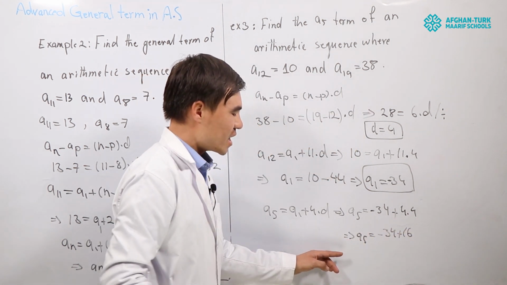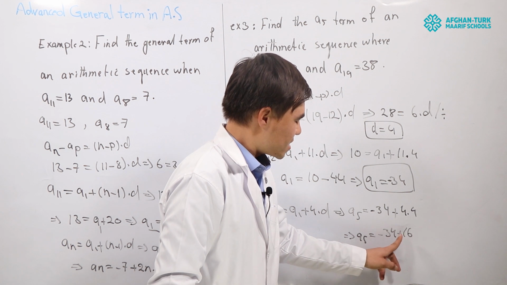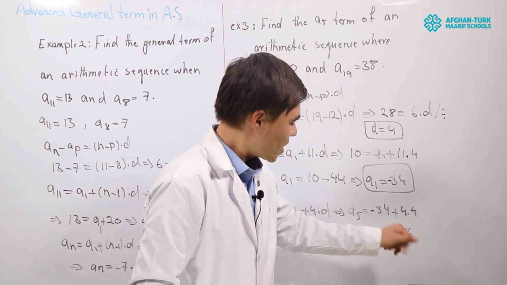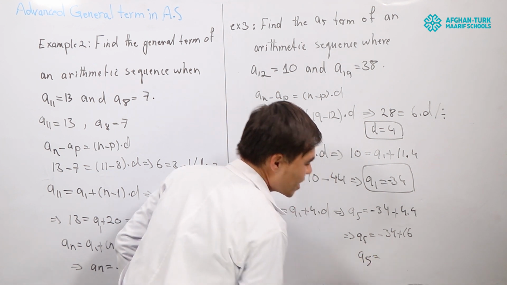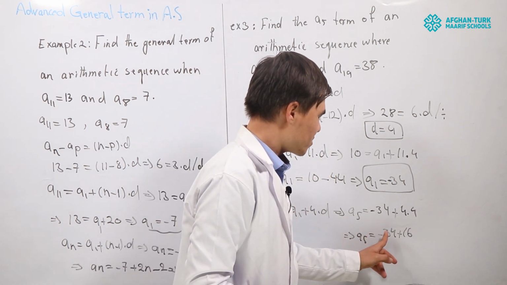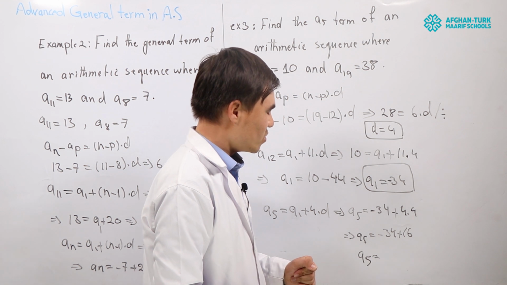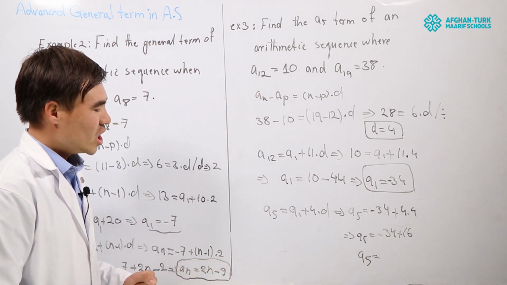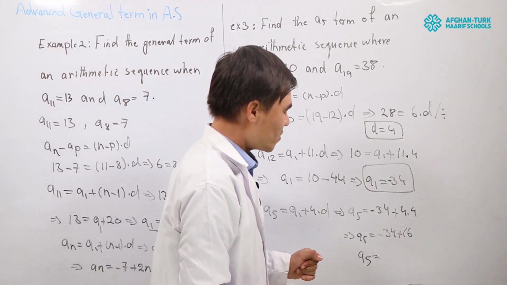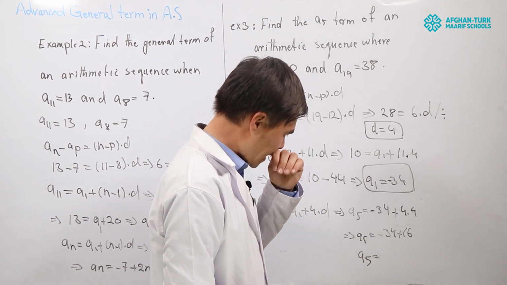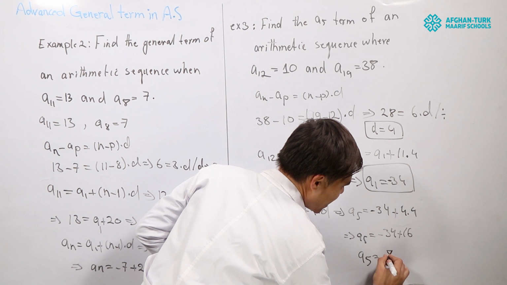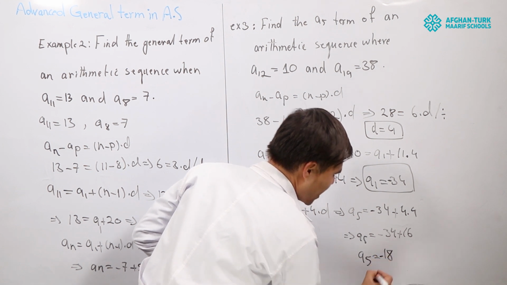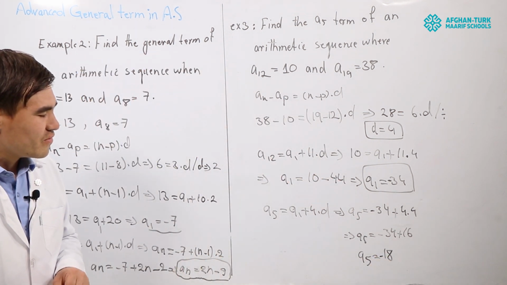Here, negative 34 plus 16 will be negative 18. a_5 is equal to negative 18.